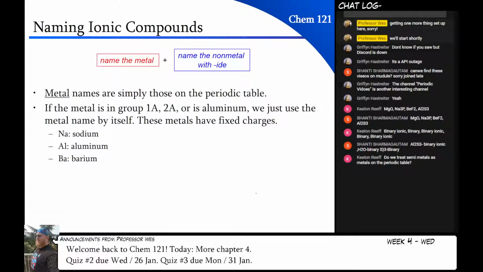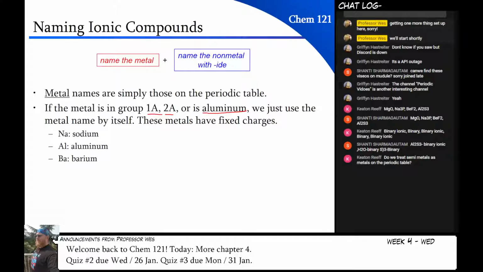Now, this is really relevant. If the metal is in group 1A, 2A, or is aluminum, you just use the metal name by itself. Depending on the textbook you are using, there are additional elements that are included in this.